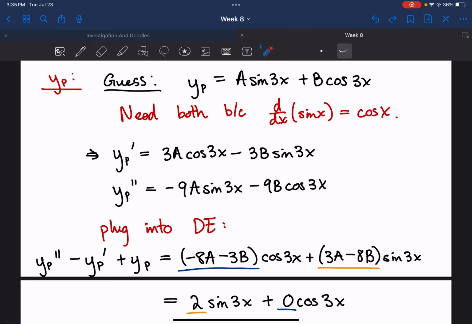So for the cosine term, I've got yp double prime's cosine term, which is negative 9b, minus yp prime's cosine term, which is minus 3a, plus b. Am I crazy here?